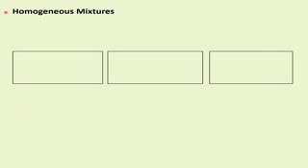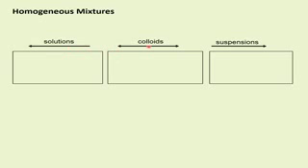So homogeneous mixtures include solutions, colloids, and suspensions. And the distinguishing feature between these three types of homogeneous mixtures is their size range. So by definition, a solution is a homogeneous mixture whose particles are smaller than 1 nanometer, which is 10 to the minus 9 meters. That's 1 billionth of a meter.